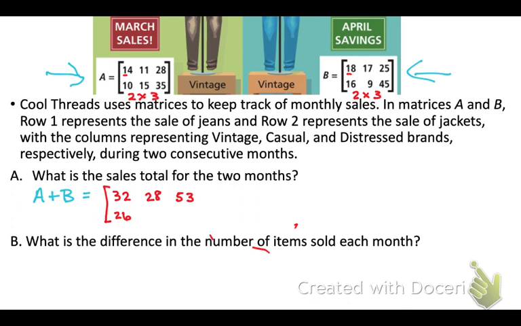If you want to write it out. So what was the total sales for casual jackets? 24. That's it.